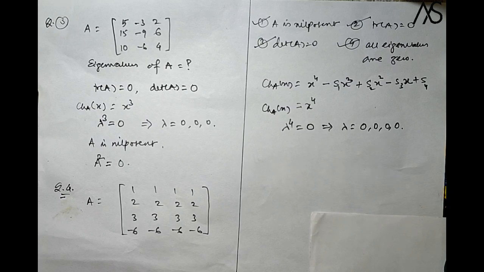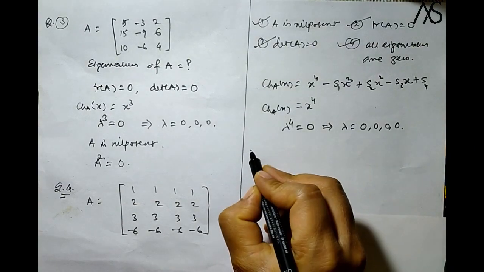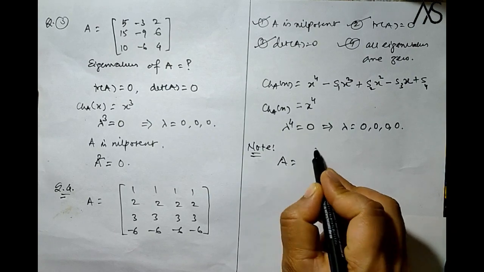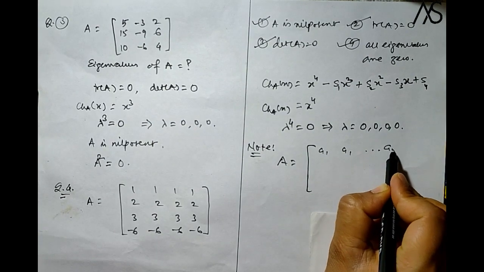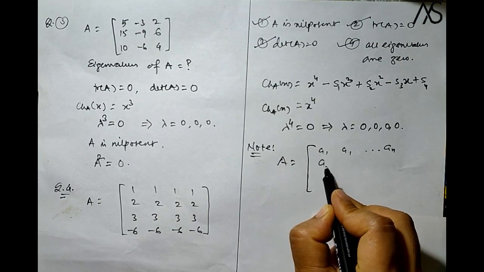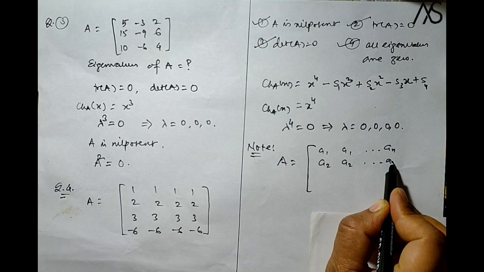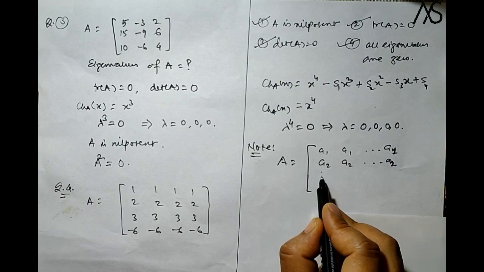जब भी कभी आपको ऐसा मैट्रिक्स मिले, ठीक है, नोट लिखवा देता हूँ एक. जब भी आपको एक ऐसा मैट्रिक्स मिले A1 A1 ... A1, A2, A2 ... sorry, this is A1, this is A2, and so on.